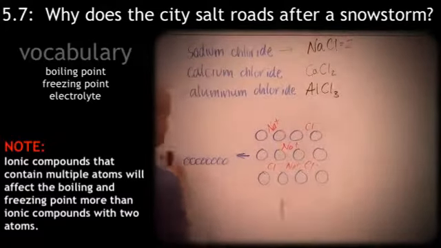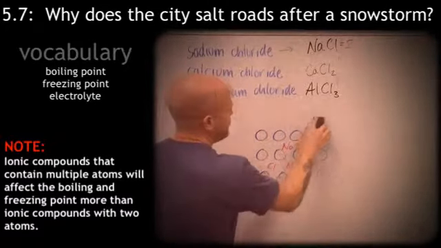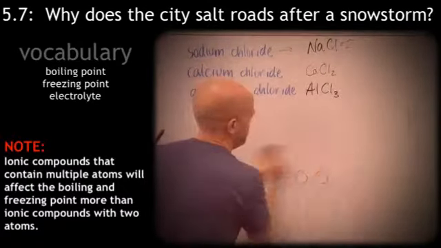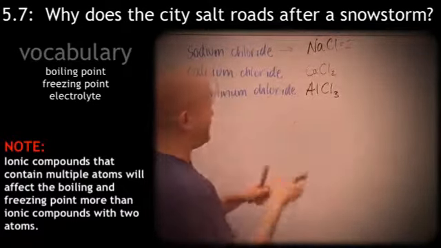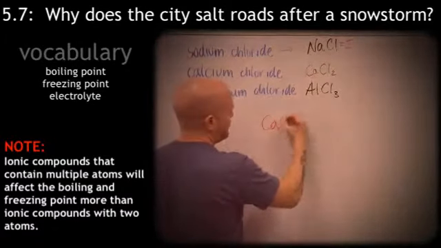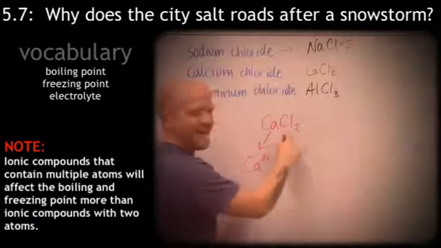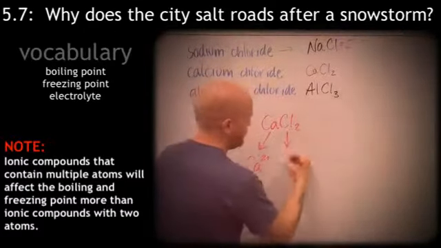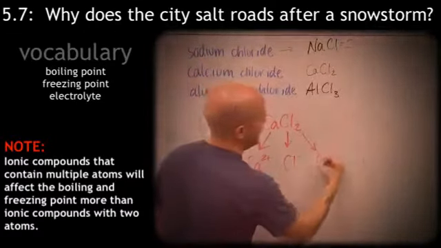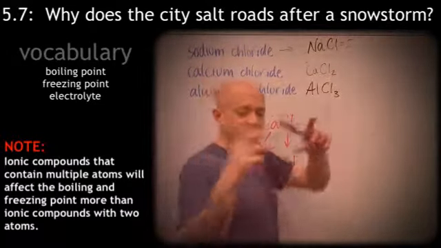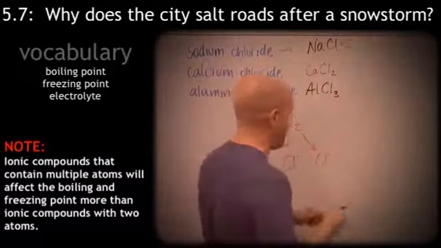Now, when we're dealing with calcium and aluminum, let's break that down. Calcium chloride: we have 1 calcium, and how many chlorines? We have one negative chloride and another negative chloride. This is a total of 3 substances, so that's 3 things that can get into the water and break it apart.